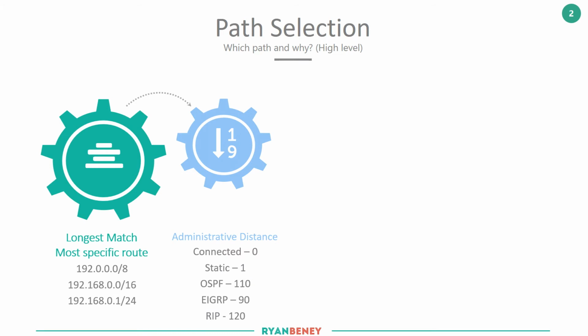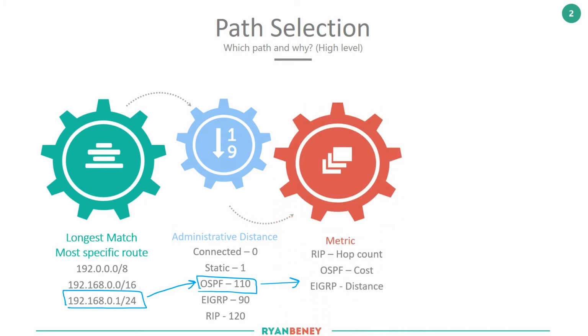So what if then we have the same /24, and the /24 is being learned two ways via OSPF? Within OSPF we need something else to help us calculate that decision, and this is where metric comes into play. The metric will change depending on which protocol is selected.